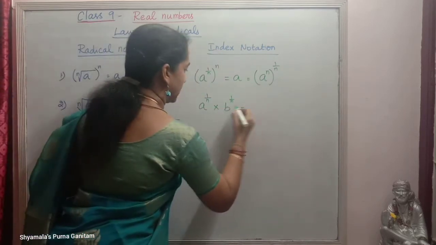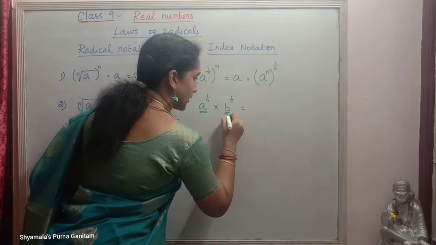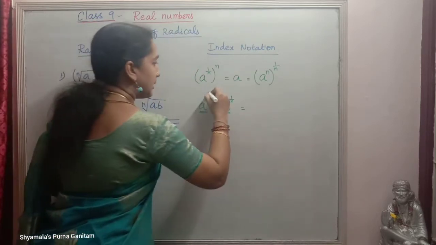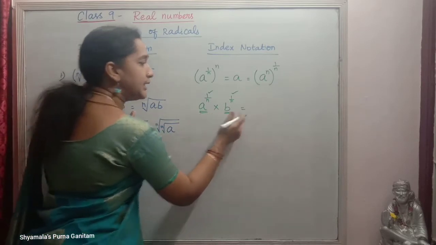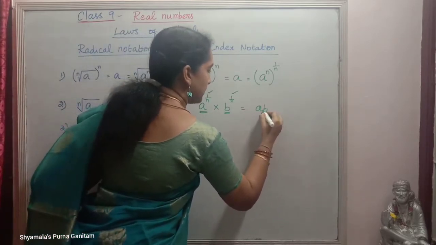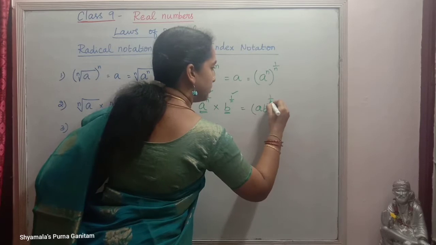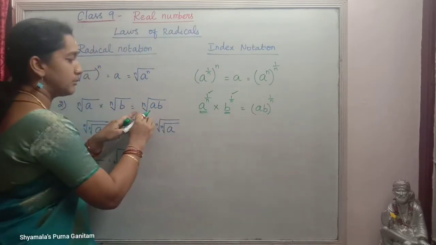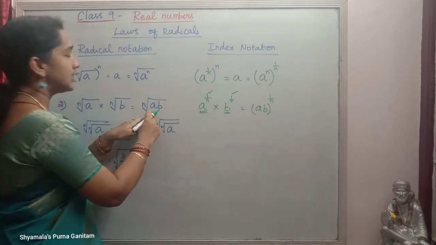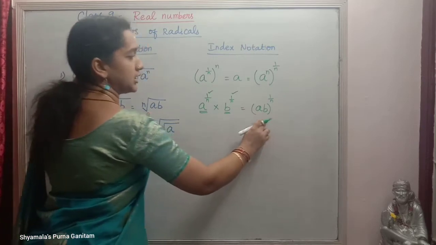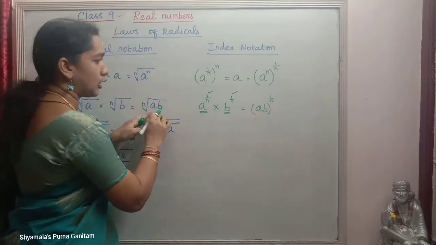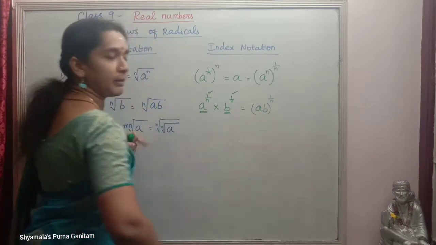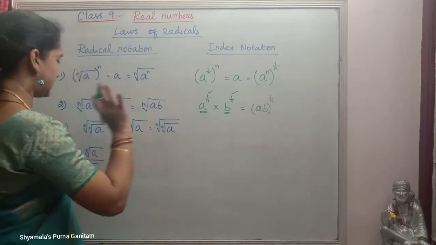So this is equal to, even though the bases are different, the powers are same here. So we can multiply the base, that is ab whole power 1 by n. So both these are same. This is in radical notation and this one is in index notation. Okay, so this is nth root of ab, this is ab whole power 1 by n. This is the second one.